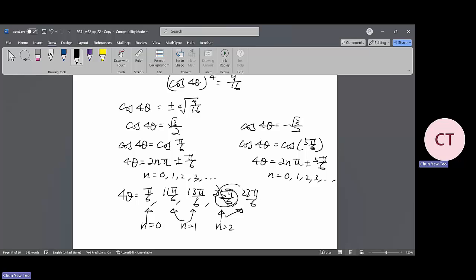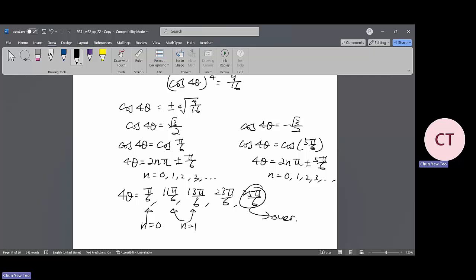So we do not want 25 pi over 6 because it is already more than 2 pi. We want the smallest possible values. So 23 pi over 6 is fine, but 25 pi over 6 is already over.